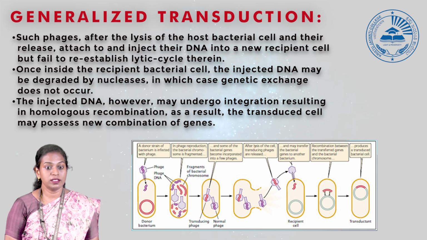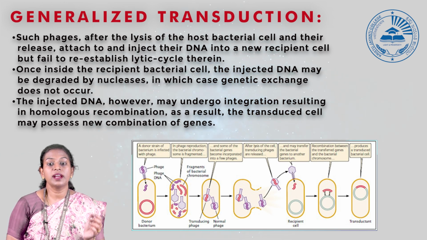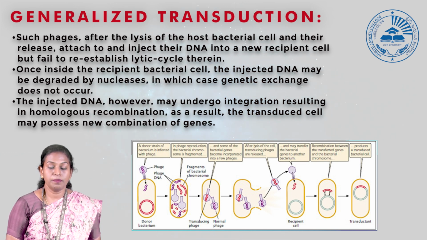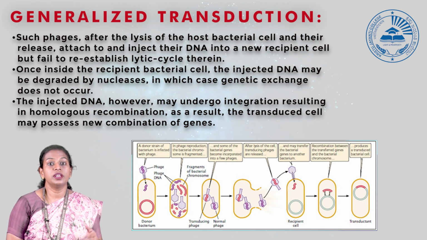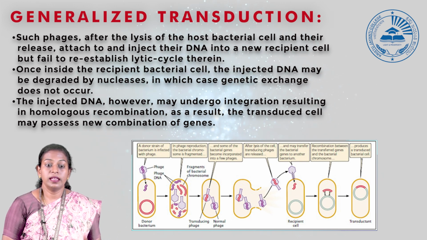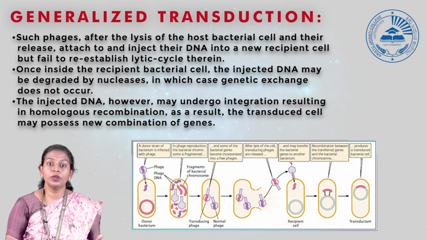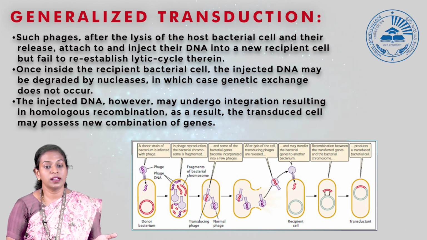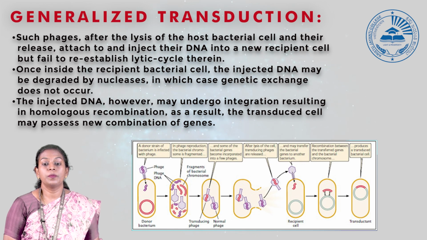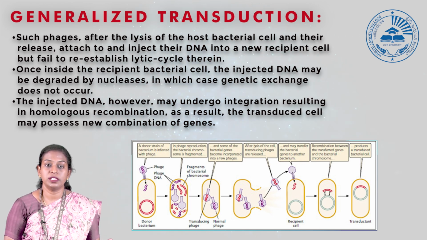Once inside the recipient bacterial cell, the injected DNA may be degraded by nucleases, in which case genetic exchange does not occur. The injected DNA, however, may undergo integration, resulting in homologous recombination. As a result, the transduced cell may possess a new combination of genes.